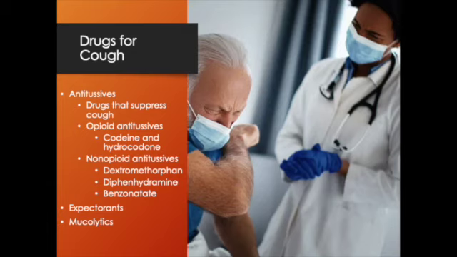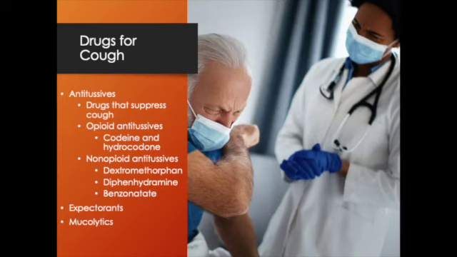Although the major antitussives like codeine, dextromethorphan, and diphenhydramine are clearly effective against chronic non-productive cough, there's no good evidence that these drugs can suppress cough associated with the common cold, but they are still prescribed.